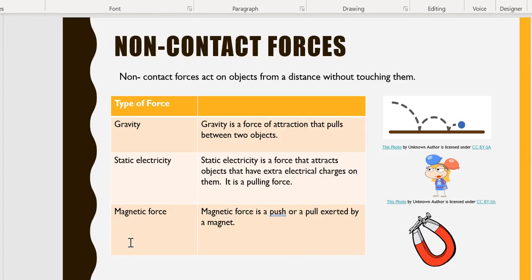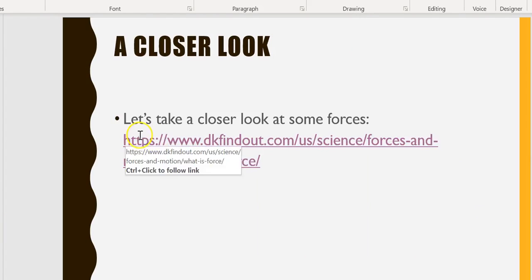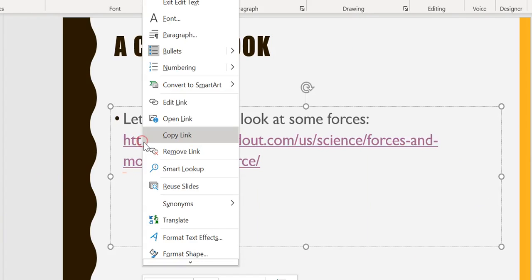A magnetic force is a push or a pull exerted by a magnet. And if you've ever played with magnets before or worked with them, you know that metal objects do not have to be touching a magnet for the magnet to pull them toward it or attract them. Let's take a closer look at forces and how they act.